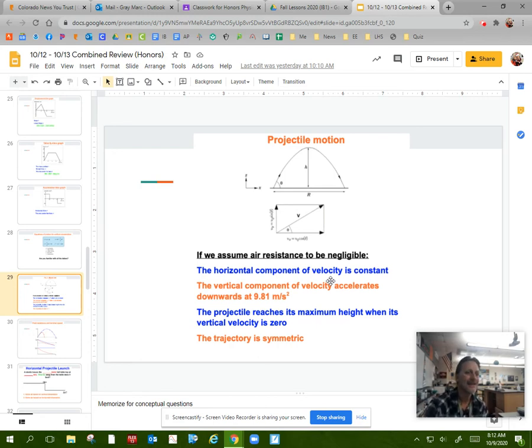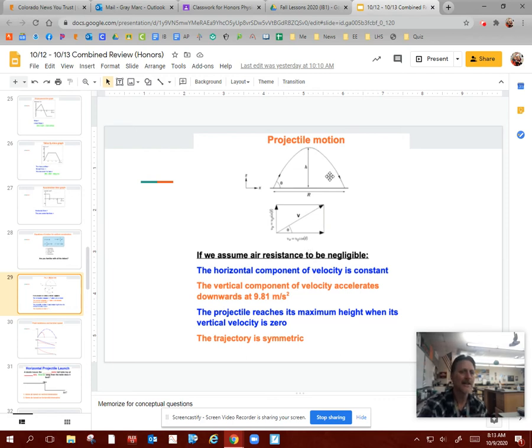Okay, and so then the vertical components right here, which when we break it up into a triangle, that's going to be our v sine of theta vertically. And that component right there is acting in a gravitational field, and it's actually being accelerated or decelerated in that case by gravity. And so we have to put those two things together for a projectile problem. I'll show you an example on the next page.